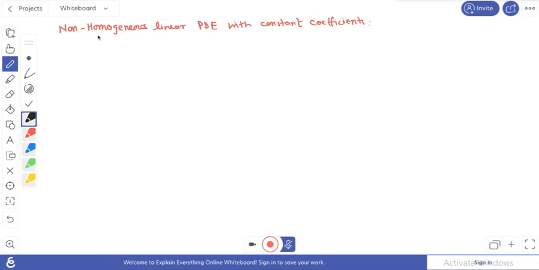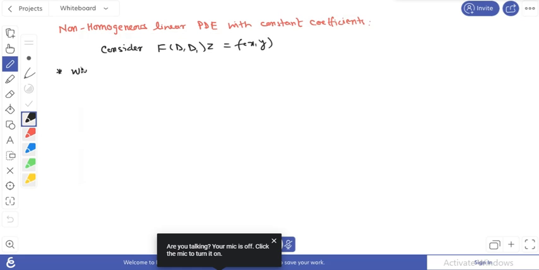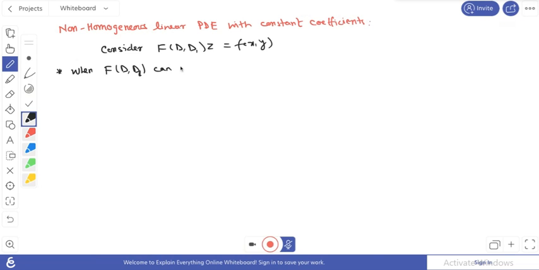Okay, so here we consider this function, f(D, D1) of z equals a function of f(x,y), and when this function f(D, D1) can be expressed as a product of factors linear in D and D1.